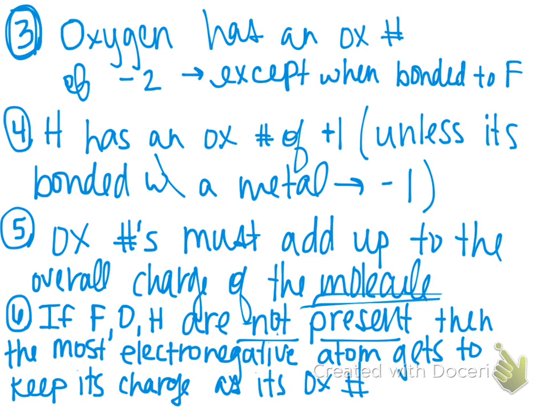Okay, let's talk about why fluorine is the most electronegative. Why does fluorine want electrons more than anything else? Fluorine has how many valence electrons? Fluorine has 7, and it's in the second energy level. So its outer shell, which is really close to the nucleus, because it's only the second energy level, has 7 electrons.